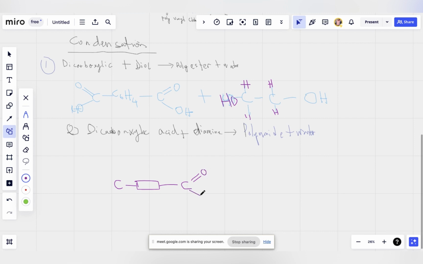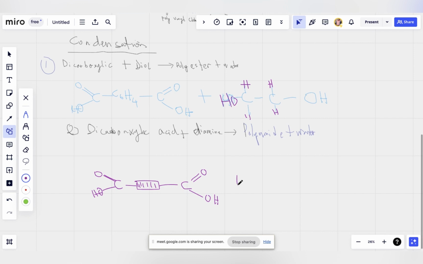Double bond to O, single bond to OH. And similarly on this side, double bond to O, single bond to OH. OH or HO is the same thing. So we can begin to shade this one, for example. This is the structure of the dicarboxylic acid, and then we can also do the same here.